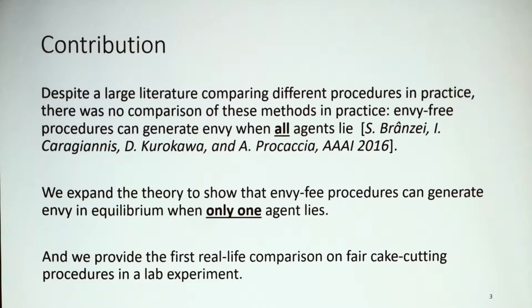To provide some insights to answer this question, we take cake cutting into a lab experiment. In a real-life experiment, we ask people to divide cakes using envy-free and non-envy-free procedures and check which procedures generate more envy in an objective way and which procedures are considered fairer in a subjective way.